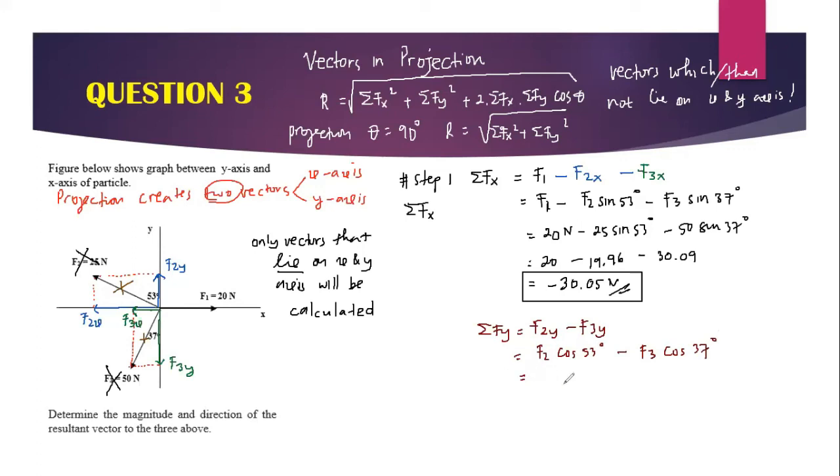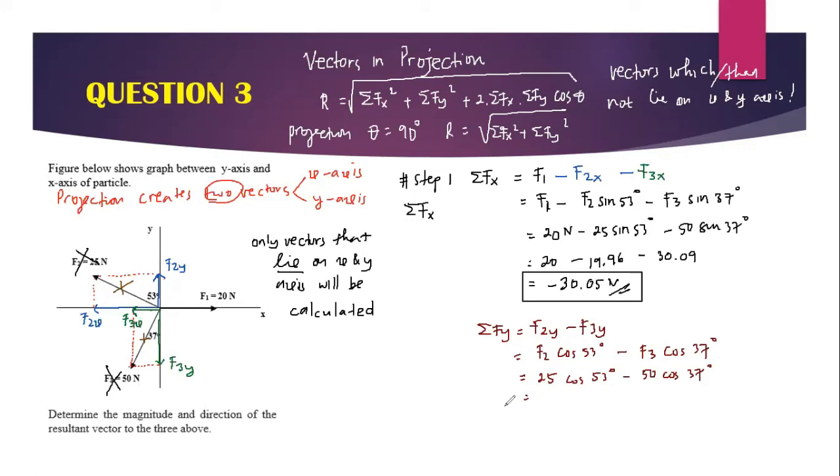So using the calculator, how much is F2 here? 25 cosine 53 degrees minus F3, which is 50 cosine 37 degrees. You can use the calculator, everyone.